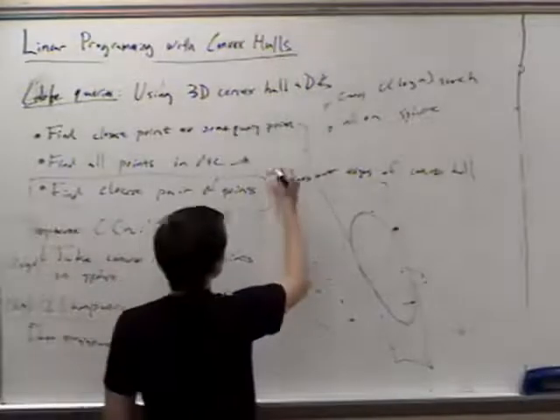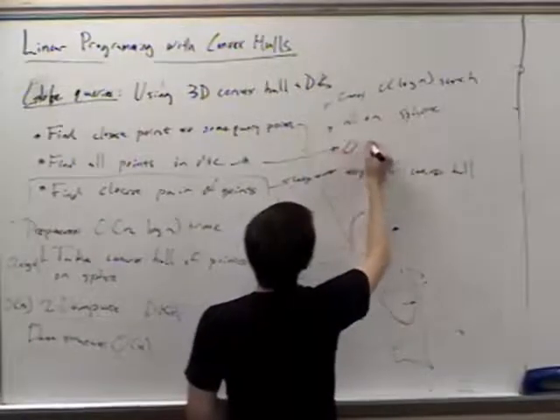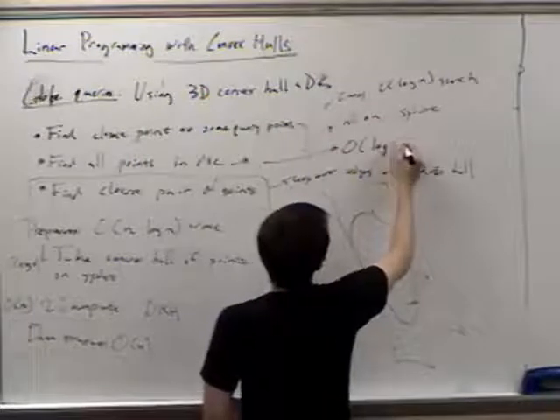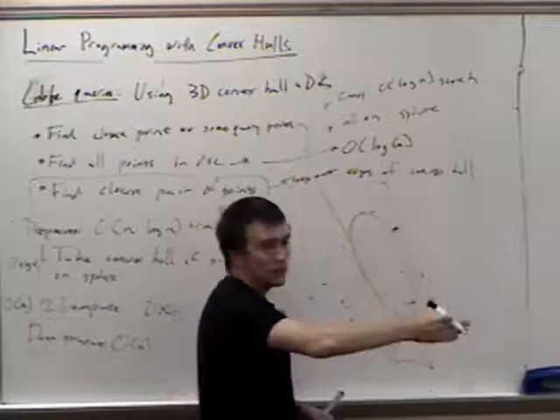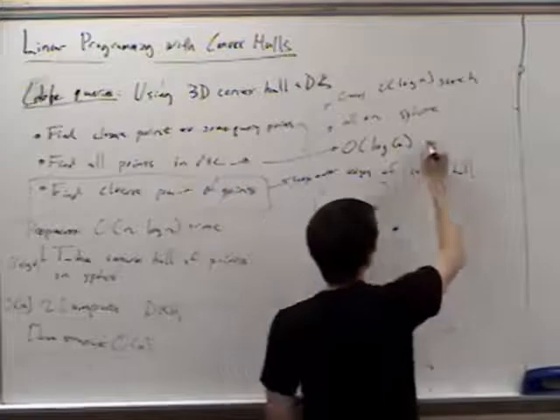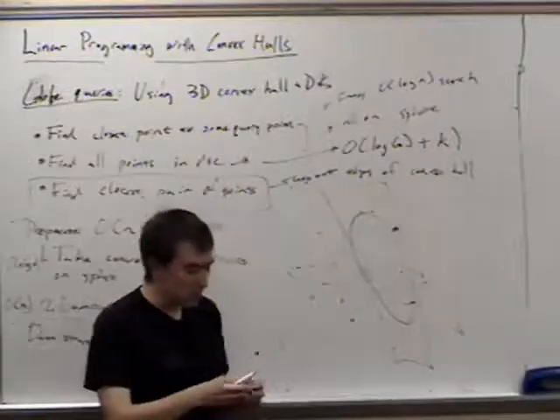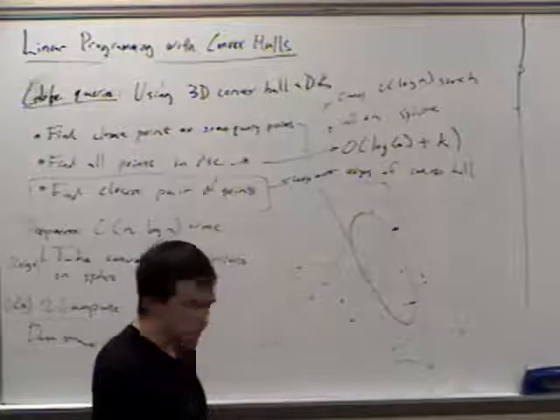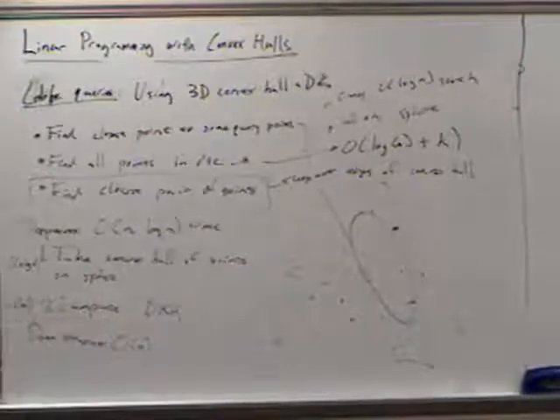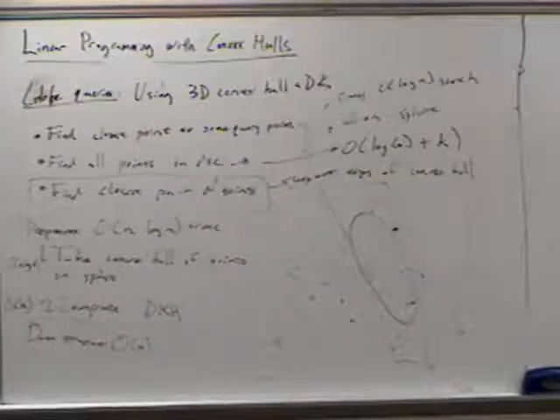So we can do this in order log n for the initial extremal point query with the half space search, plus k for the number of points that we have to actually report within that half space.